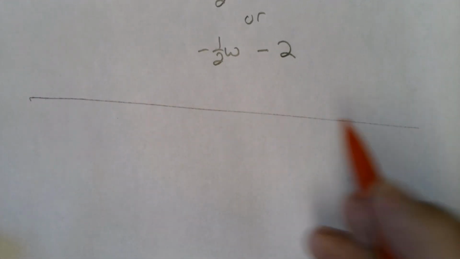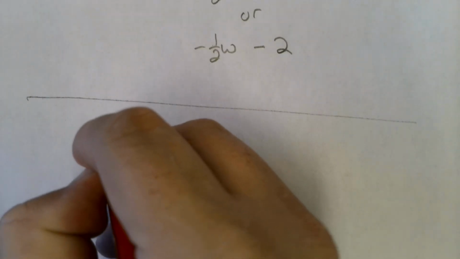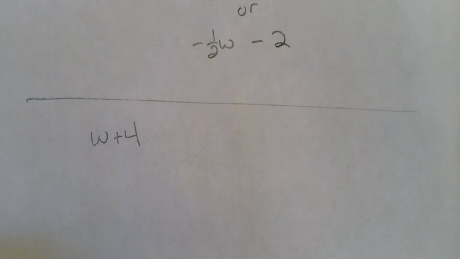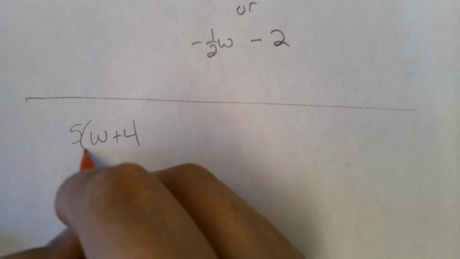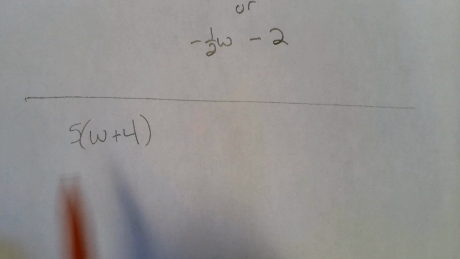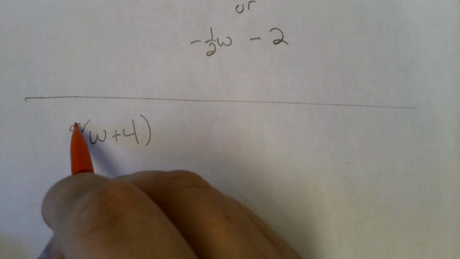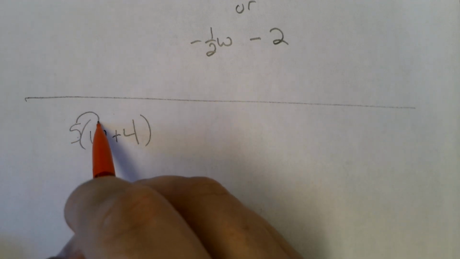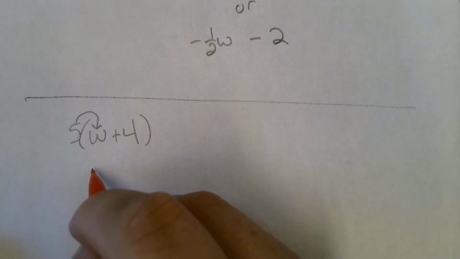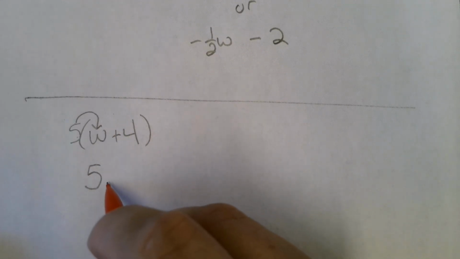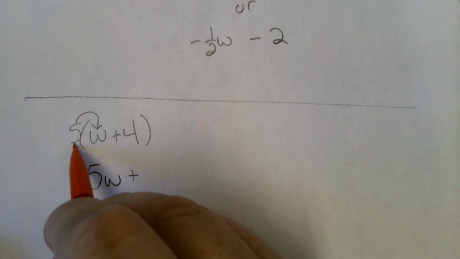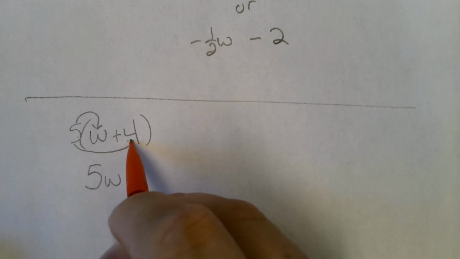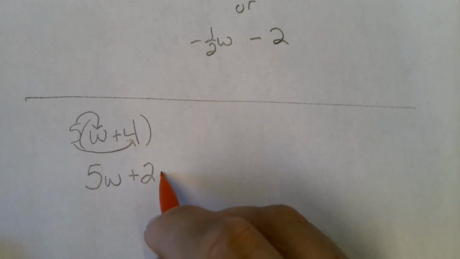Not listed here, but if we go back and we think we have Noor's daily earnings, and she works 5 days. Well, that would be saying taking this amount times 5. Okay. Well, we're going to take the outside amount multiplied times the inside amount. 5 times w is 5w, plus the outside amount times the other inside amount, 20.